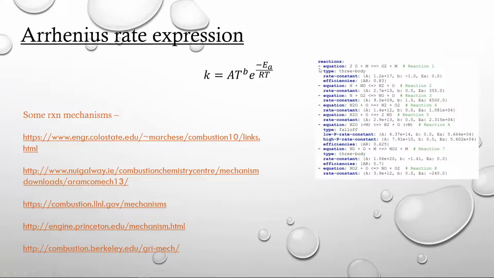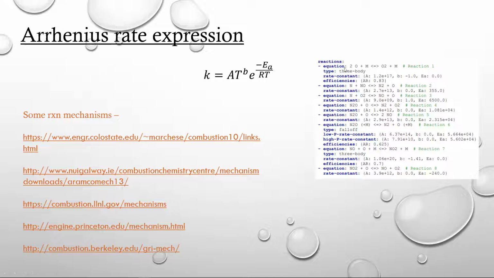So this is a copy and paste of that section on reactions. This expression, you may be familiar, is known as the Arrhenius rate expression. And these coefficients, or this data on reactions, is actually needed to calculate the gas phase Arrhenius rates for each reaction.